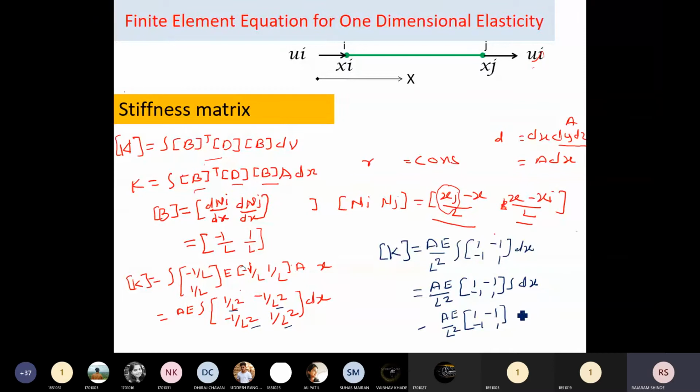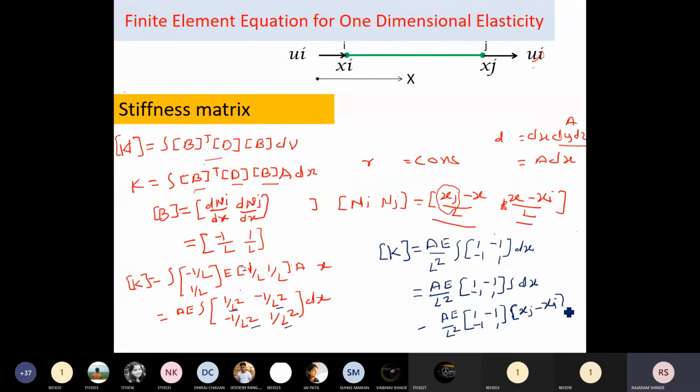Now integration of dx is x. What are the limits of that integration? Here we are calculating the integration over the element, that is the lower limit xi to xj. So this term becomes xj minus xi.